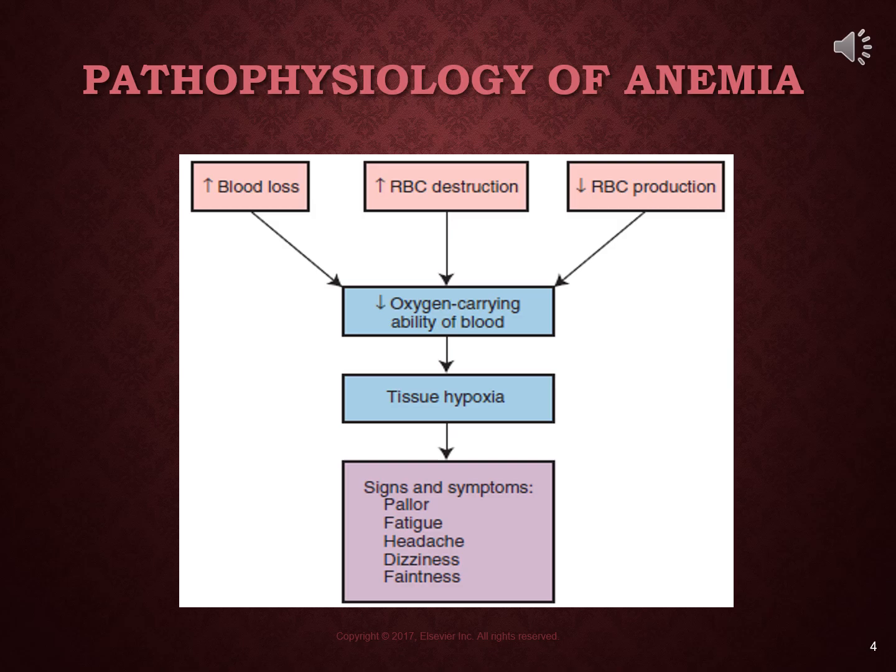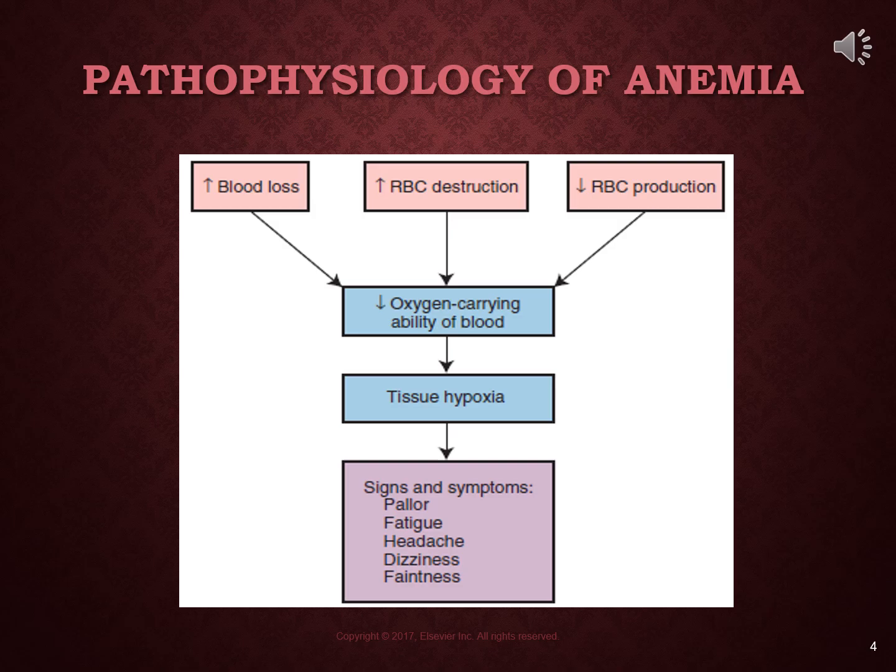This concept map on the pathophysiology of anemia is taken from your book. It looks at the three different categories of etiologies for anemia: increased blood loss, increased destruction of red blood cells, or decreased production of red blood cells. All three of these lead to a decreased oxygen carrying ability of the blood.